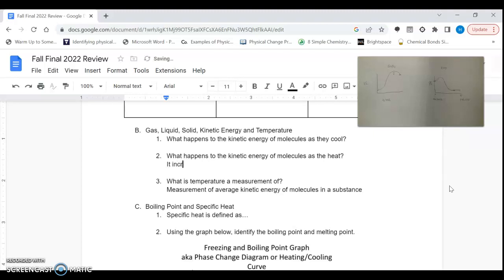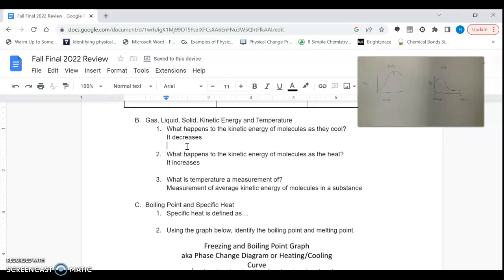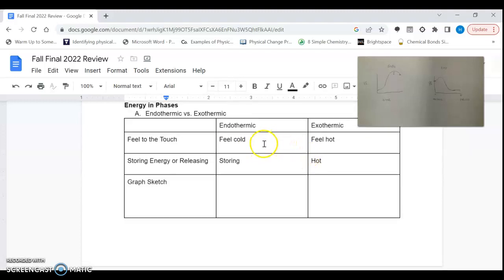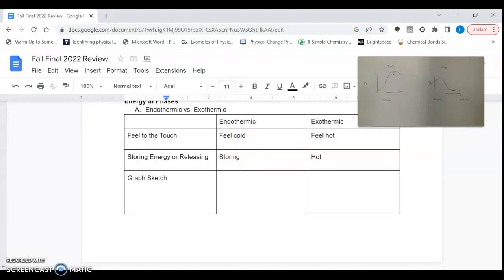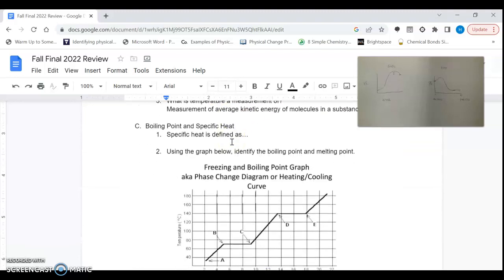So it increases as they heat. Here it decreases as they cool. And we saw this in the ice cream lab when you all felt that very, very cold temperature as the kinetic energy of the cream was being transformed and stored as potential energy in the ice cream.